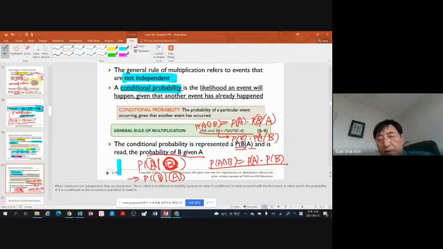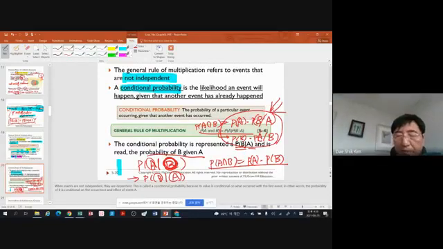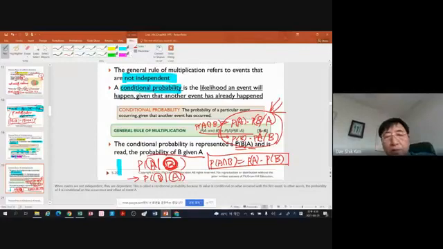So if A and B are not independent, you need to use this formula. If A and B are independent, you need to use multiplication.